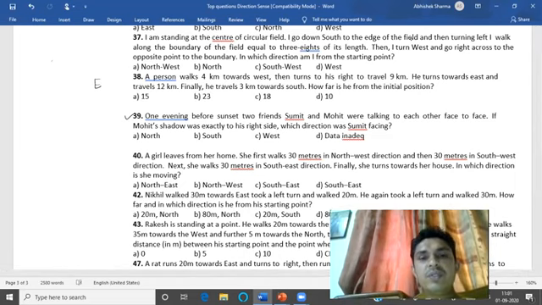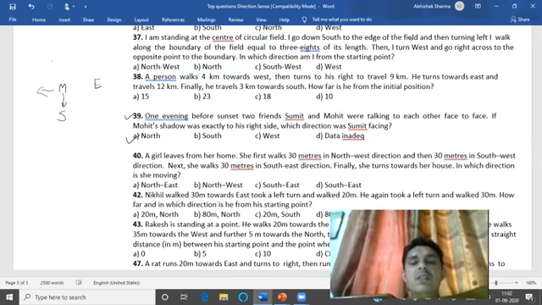On one evening before sunset, two friends Sumit and Mohit were talking to each other face to face. If Mohit's shadow was exactly right, so Mohit should be here, and Sumit will be there, that means Mohit's shadow will be exactly right. So, in which direction is Sumit facing? Sumit will be facing towards north direction.